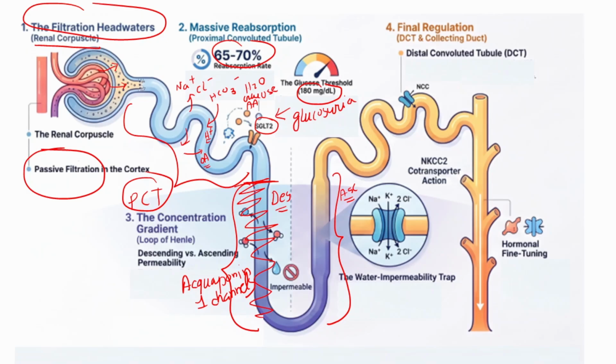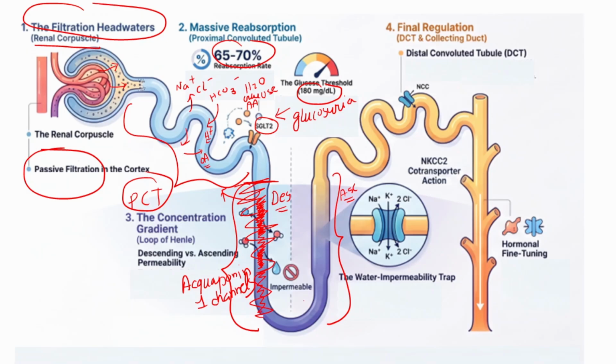That means water will come out from the lumen and it will go to bloodstream. And this progressively concentrates the luminal fluid. Luminal fluid means the fluid inside the tubule. So the concentration of the fluid inside the tubule will rise in this specific region.